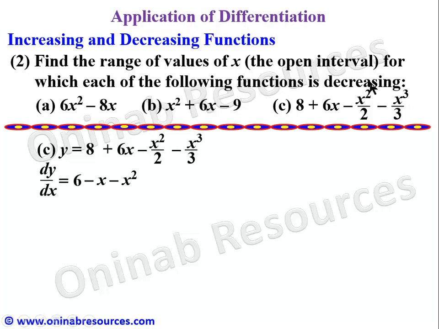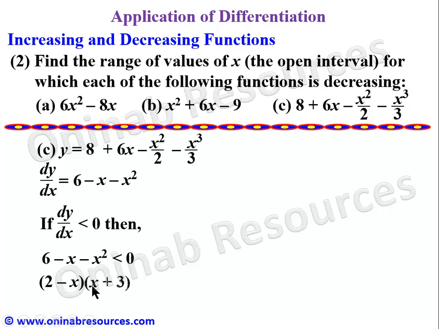Since the interval we are looking for is for a decreasing function, it means the first derivative is less than 0. So if dy/dx is less than 0, then 6 minus x squared is less than 0. And factorizing, we have 2 minus x into x plus 3 less than 0.